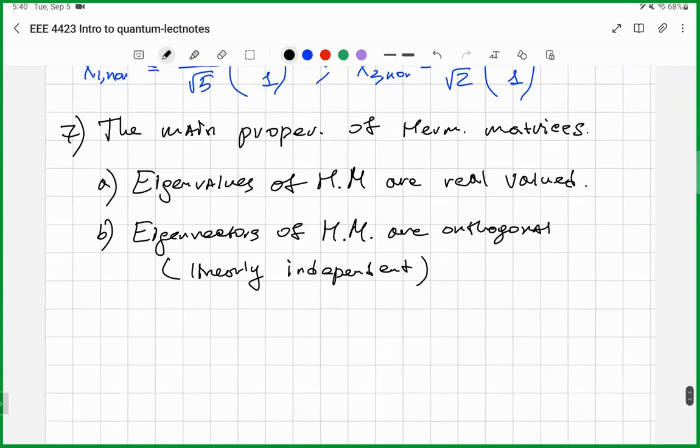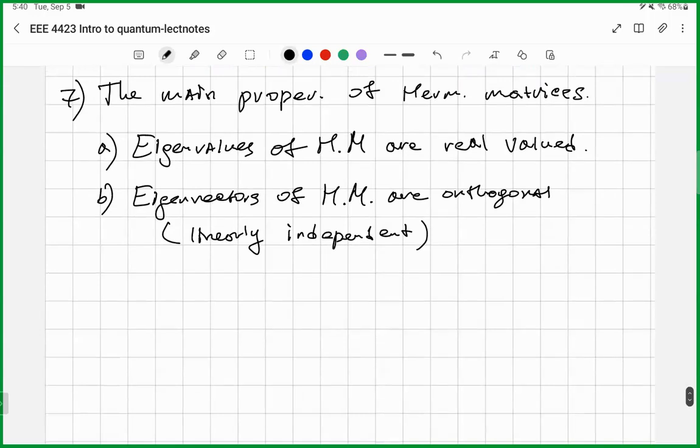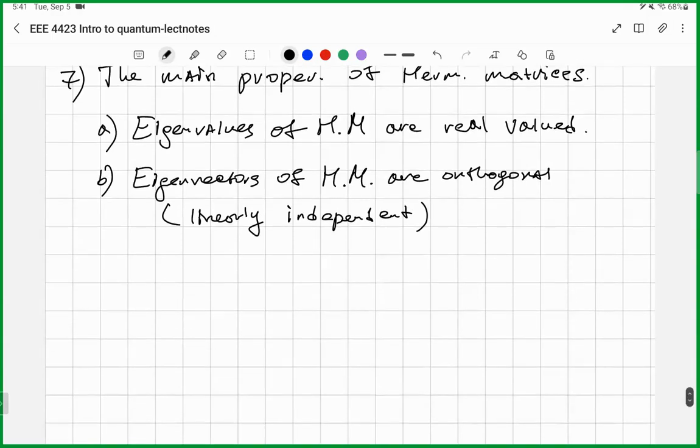It means that one can use the eigenvectors of Hermitian matrix to span the basis, right? So we can use them to represent a basis, and then use this basis to describe that space.